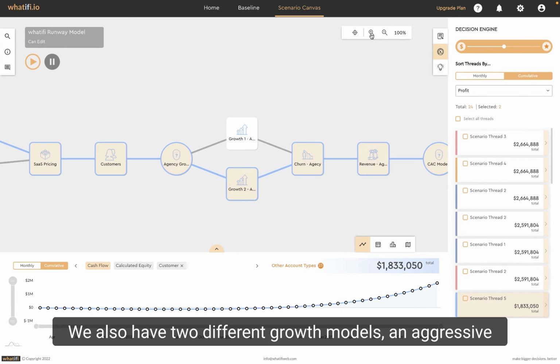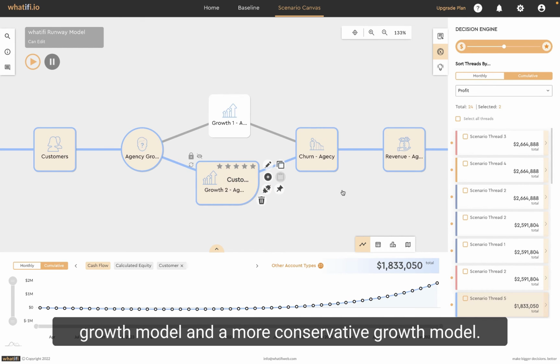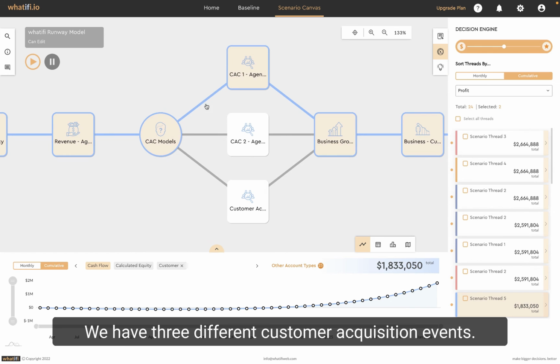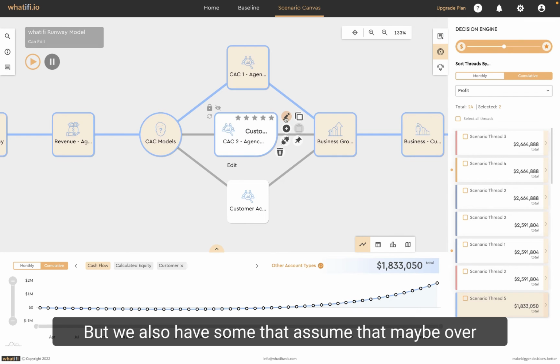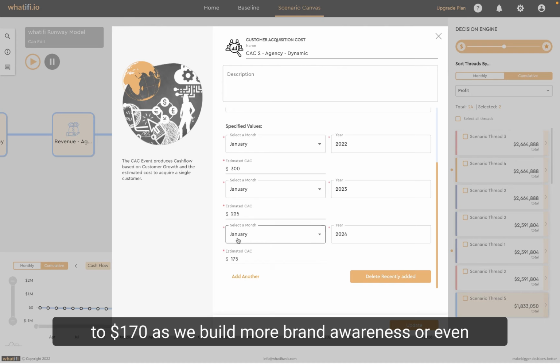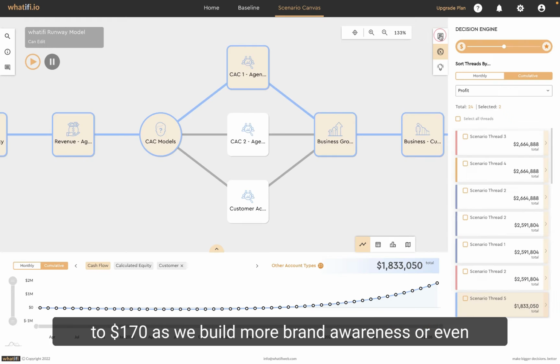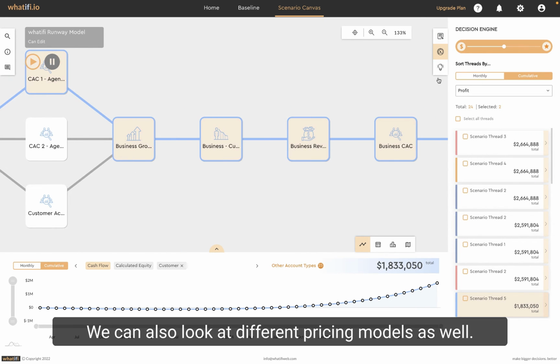We also have two different growth models, an aggressive growth model and a more conservative growth model. We have three different customer acquisition events. One is our $300 a month, but we also have some that assume that maybe over time we get our costs down from $300 to $225 to $170 as we build more brand awareness, or even a more aggressive overall customer acquisition cost.